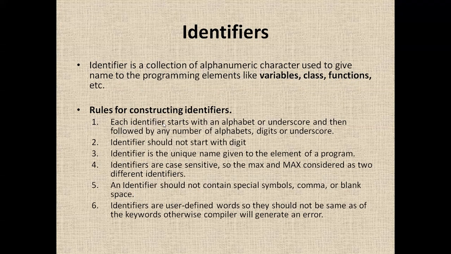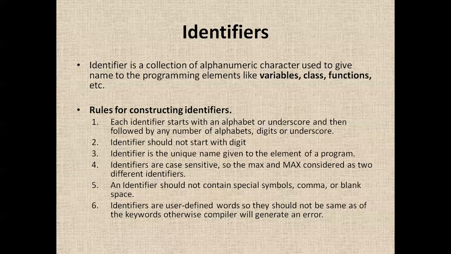Each and every identifier must start with an alphabet or an underscore, and then it can be followed by numbers or alphabetical values. So here, suppose you have written a as a variable, it is known as an identifier.